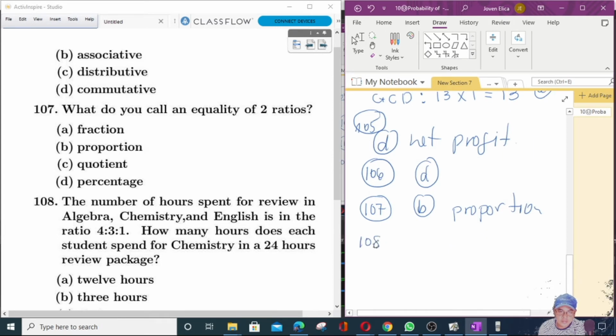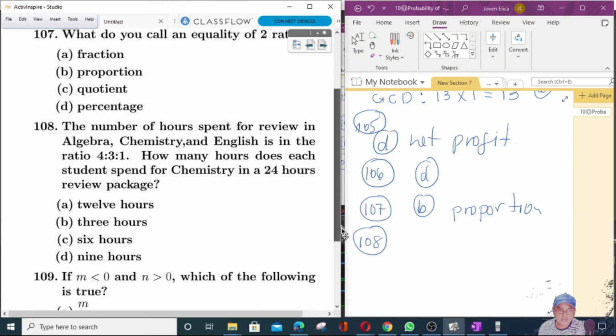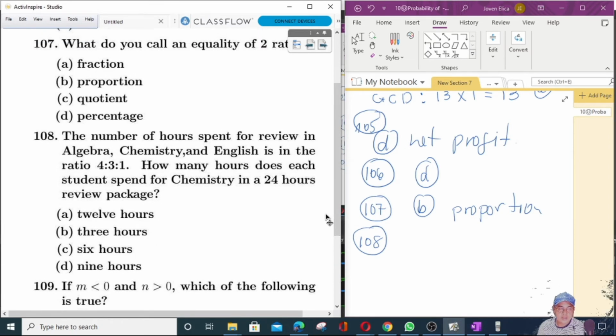108. The number of hours spent for review in algebra, chemistry, and English is in the ratio 4:3:1. So this is a ratio of three numbers.